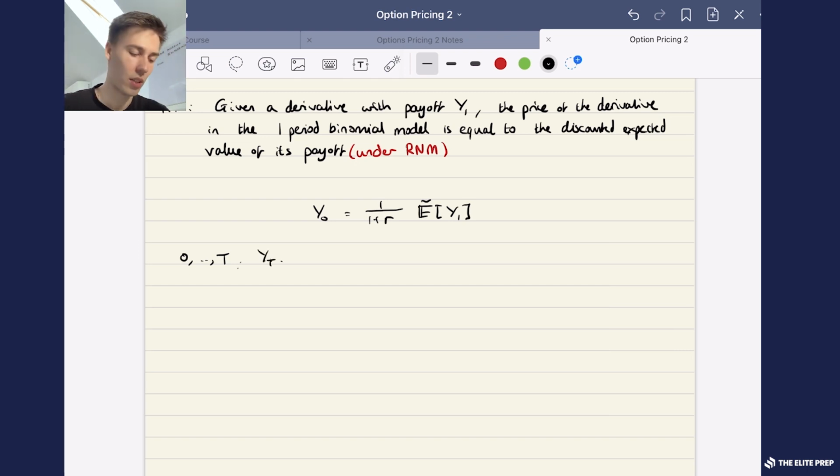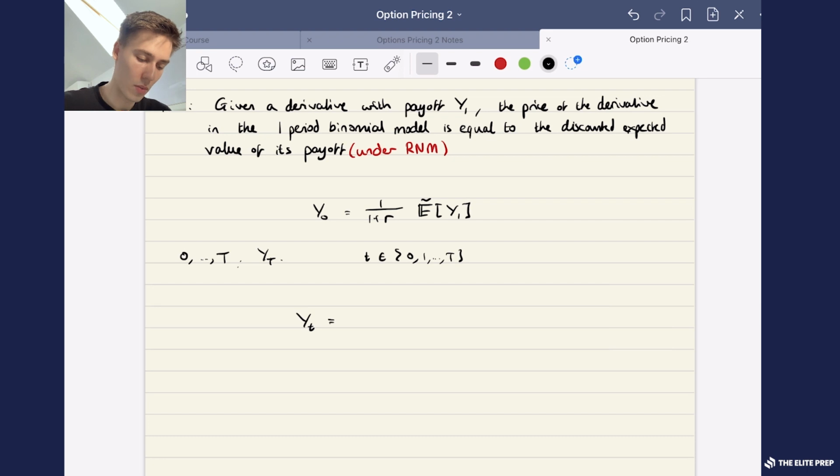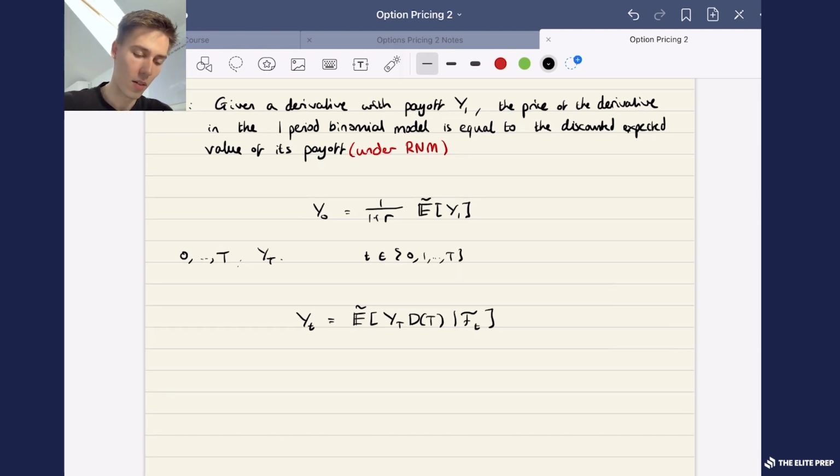To do that, we can just compute, to price it at time little t, the expected value under the risk-neutral measure of Y_T times D_T, conditioned on all of the information up until t. All of that will be made clear in the future. So actually the discounted value of Y_T is equal to Y_T D_T at t.